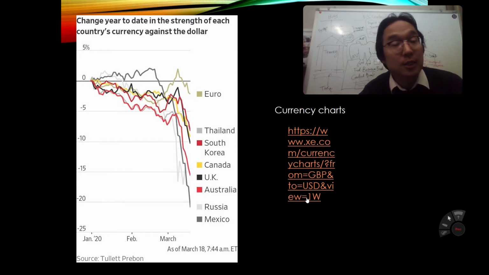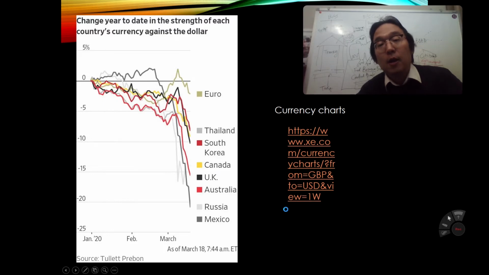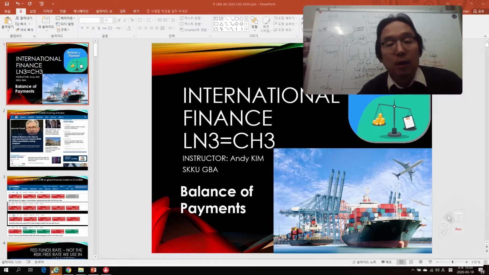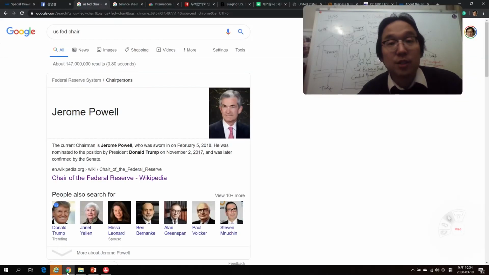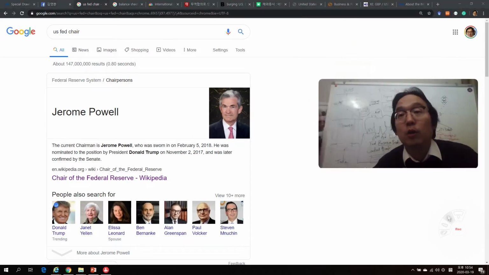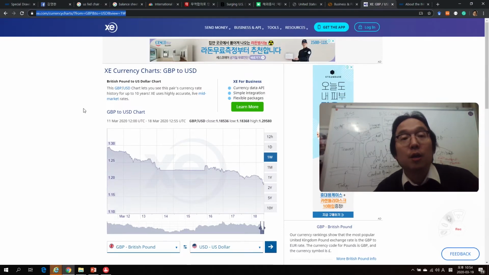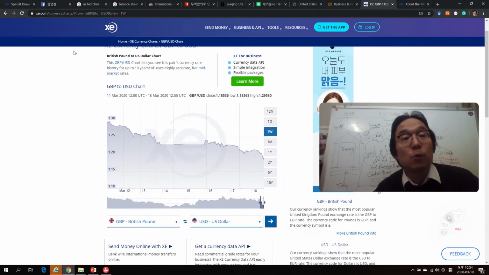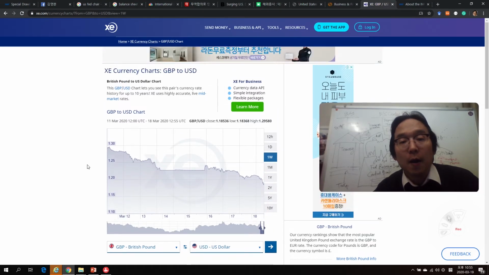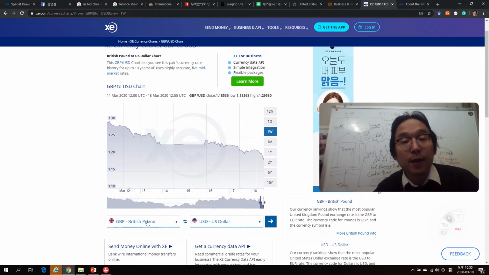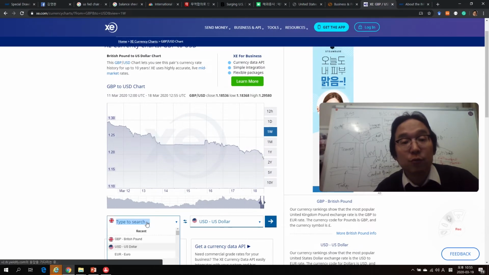Having said something about currencies and the FX rate in the spot market, let's take a look at currency charts on this web page. XE, GBP, right? It's a web page that you can play with, where you specify your currency to US dollars or US dollars to your currency.